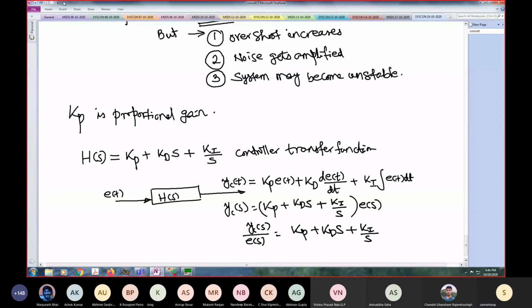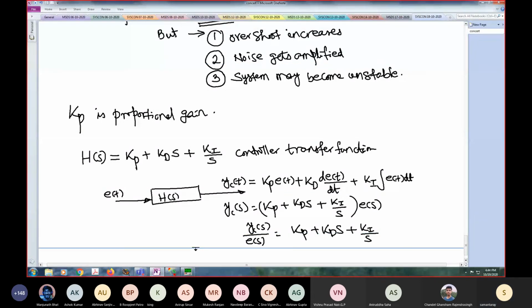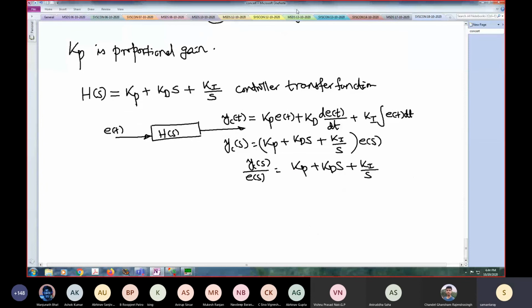This is the proposed new controller. This is called PID control: proportional, integral, derivative control.